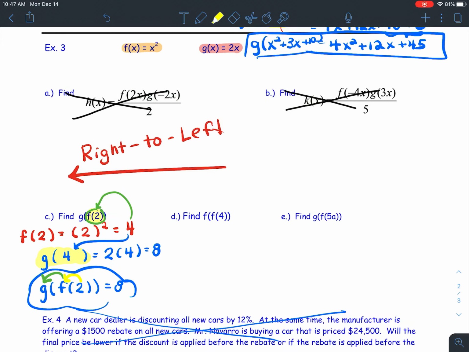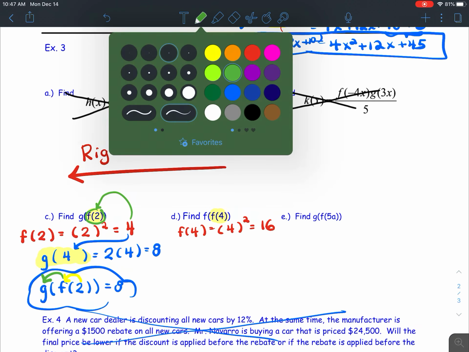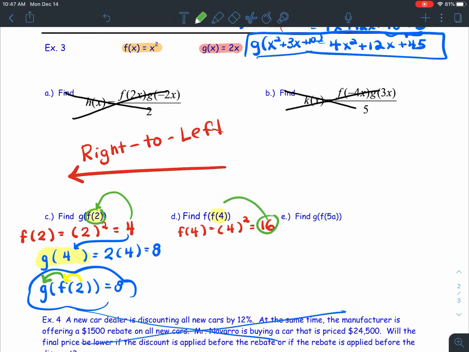Okay, we're going to start on the inside here. This is f of 4, but we're going to start all the way on the right. We're just going to focus on finding f of 4. Okay, so again, I look up in the directions, I substitute a 4 in for the x, I get a 16 back out, so I'm going to replace this first f of 4 with a 16.